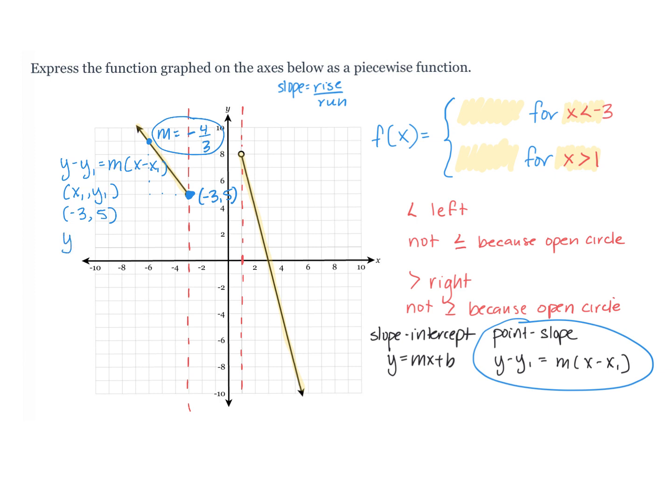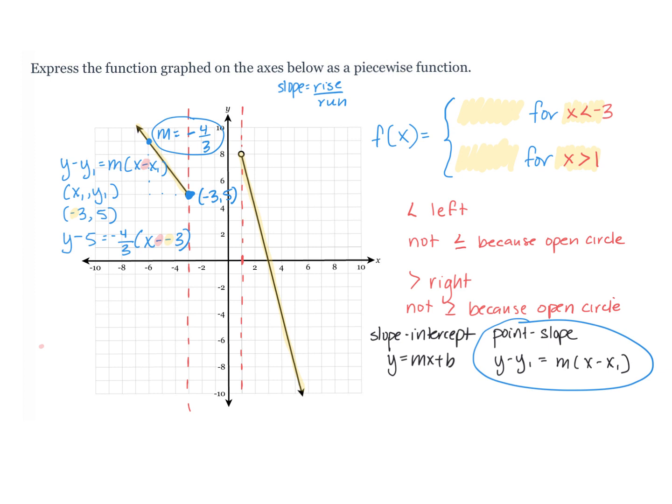So we have y minus, y1 is 5, m is -4 over 3, minus x1, which is -3. So that's minus -3. Don't forget the minus here, and also the negative here. I've noticed in the past that lots of students will forget one of those negatives.